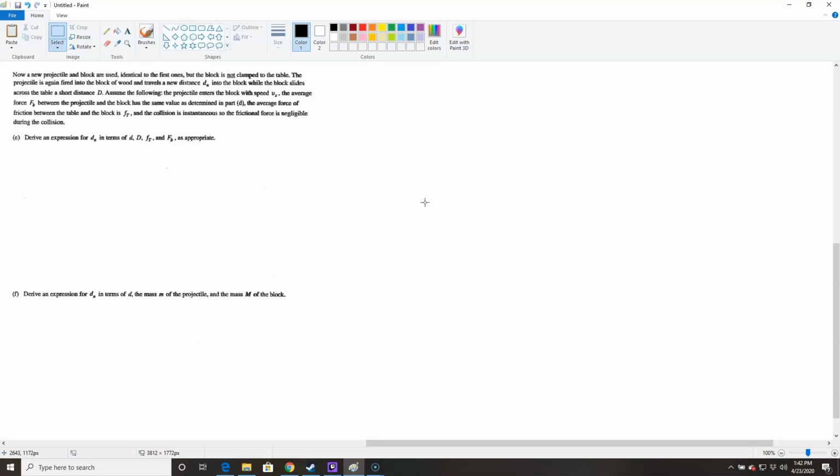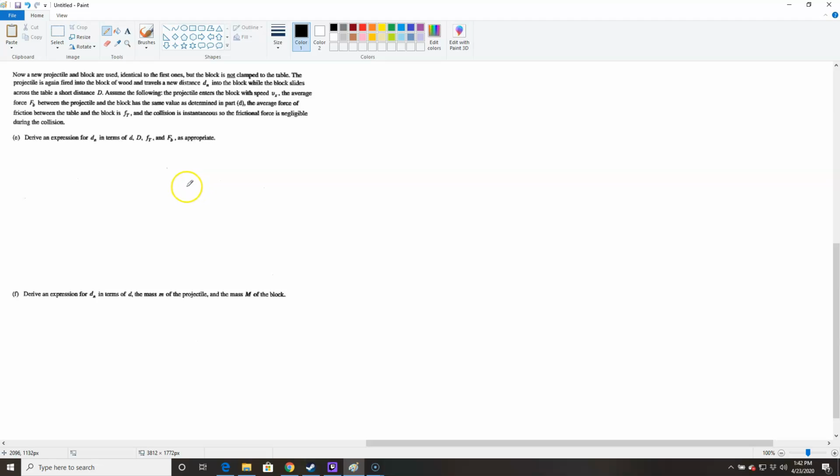Projectile enters the block with a speed Vx, just like before. The average force Fb between the projectile and block is the same as we determined in part D. The average force of friction between the table and the block is F sub t. And the collision is instantaneous, so the friction force is negligible during collision.